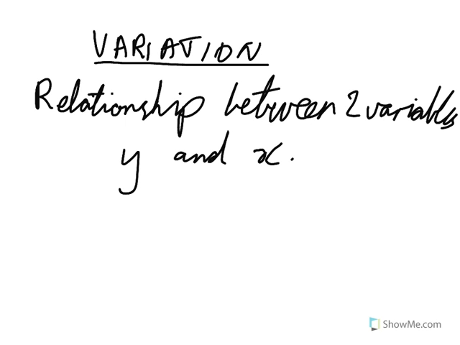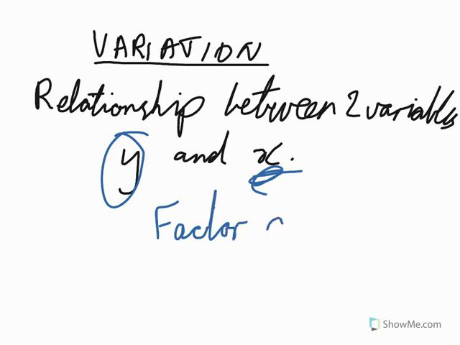So one of them will change, say like x, that'll change in some way, and so then y would change as a consequence of x changing, and that's kind of variation. So if you change by the same factor, then it's going to change by the same amount each time.